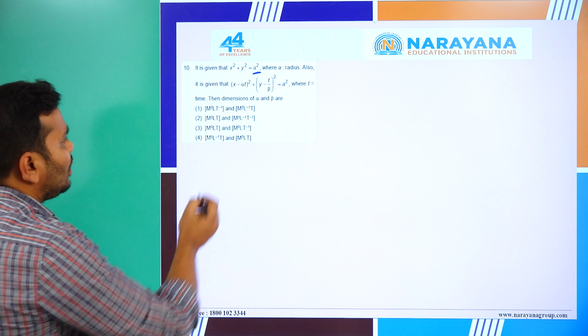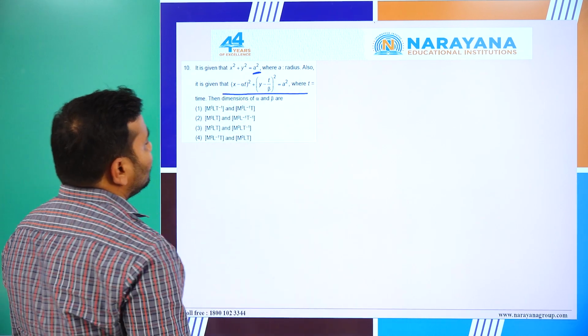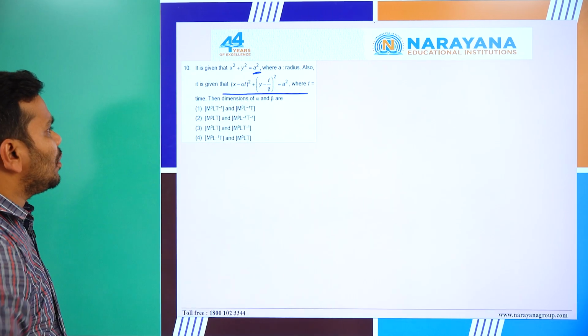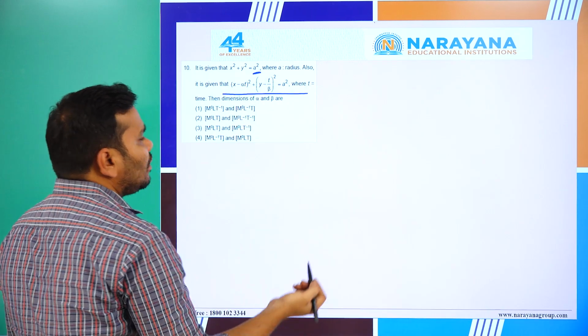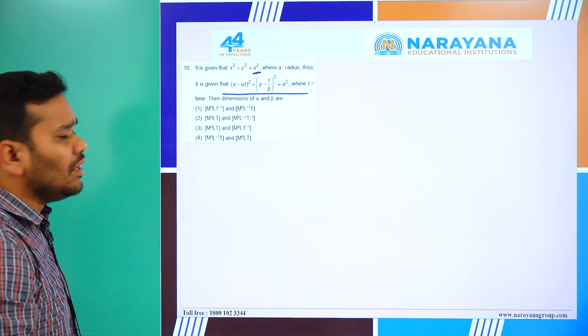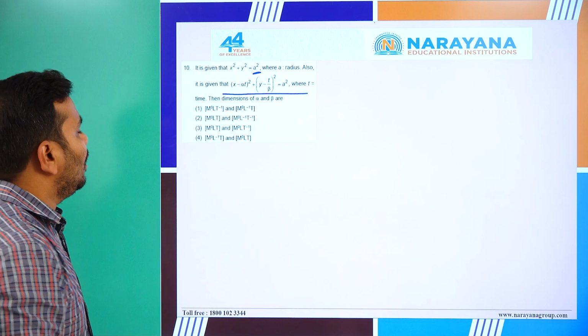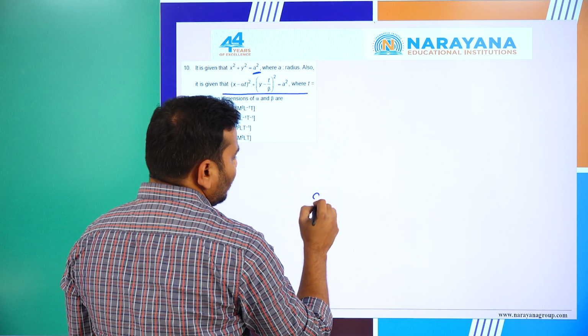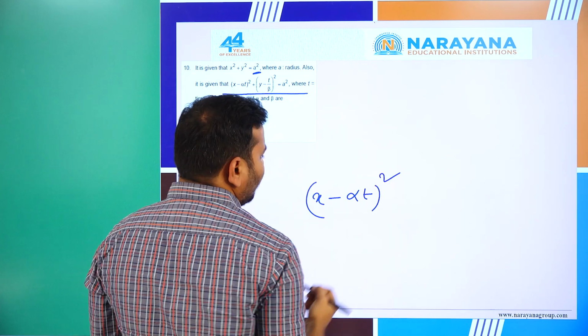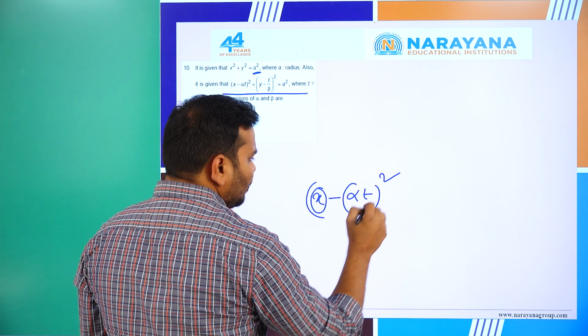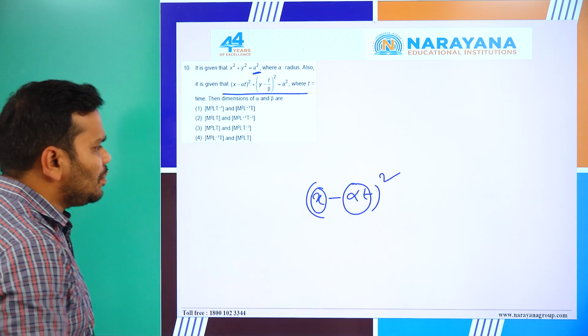Even if you consider the second equation, by using the principle of homogeneity, the terms which are added or subtracted should have the same dimensional formula. The first term is (x minus alpha t) whole square, so x as well as alpha t both should have the same dimensions.